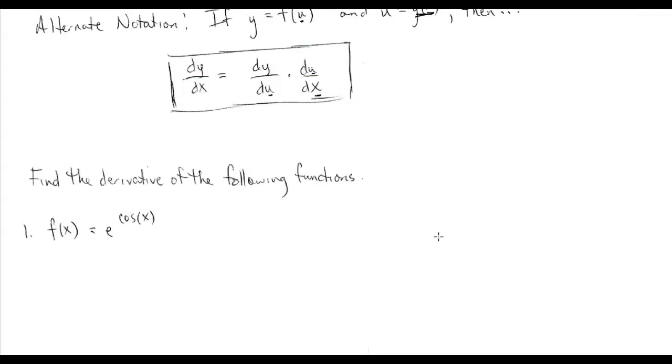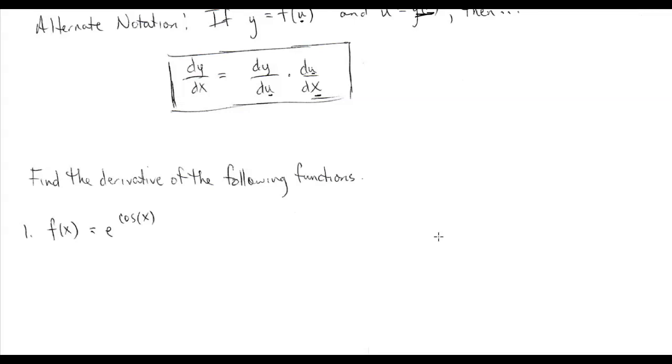But for most of this video, I am going to use the prime notation for most examples, just because it's easier to pick up that way. The Leibniz notation gets a little cumbersome when you start to deal with functions that have multiple inside functions to it.